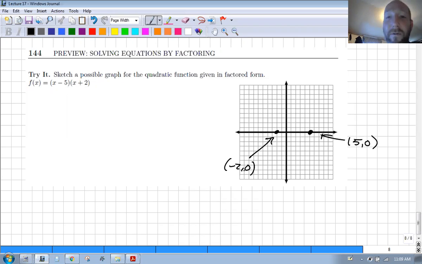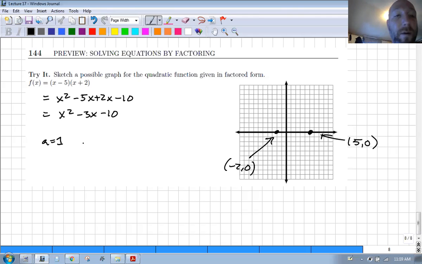All right, so it looks something like this. Maybe like this. Let's multiply it out. We get x squared minus 5x plus 2x minus 10, or x squared minus 3x minus 10. All right, a here is 1, so it opens upward.